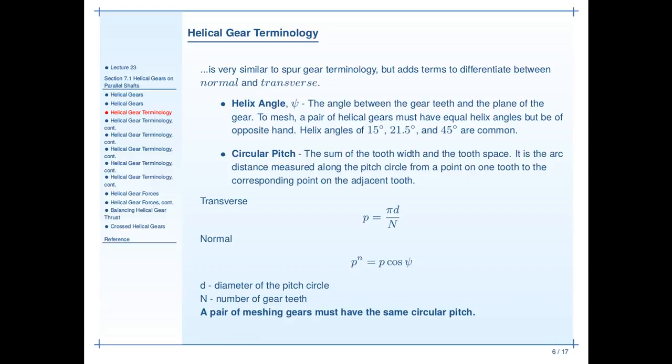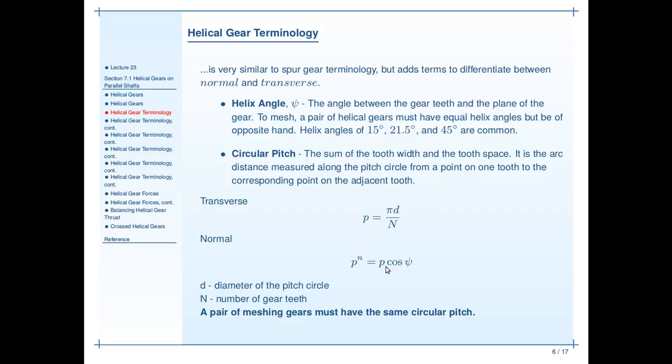Because the teeth are angled on helical gears, we define both a transverse circular pitch, which is the same circular pitch you would have on a spur gear, and a normal circular pitch. The normal circular pitch means that we are going normal to the surface of the tooth. The normal and transverse circular pitches are related to one another by the cosine of the helix angle.